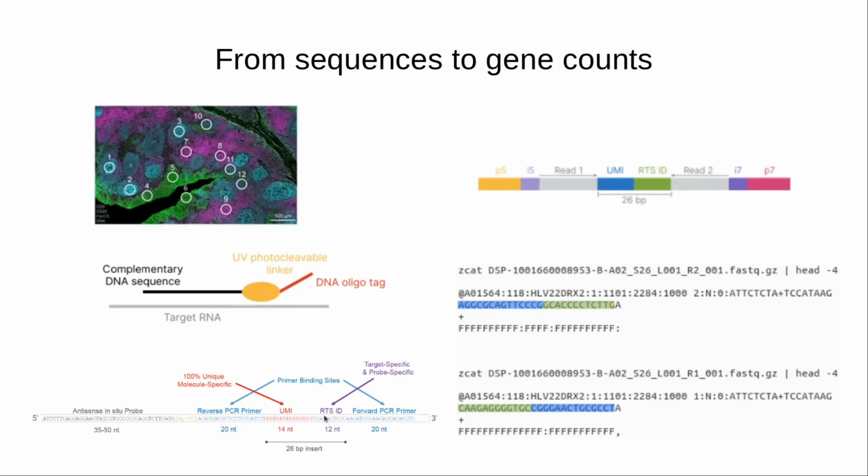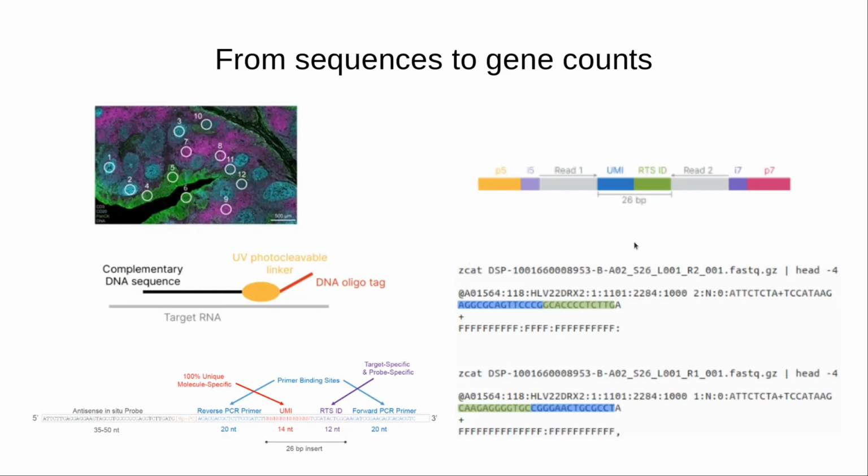And this index, called the RTS ID, is a target specific index that kind of points back to what it was that the probe actually annealed to. So this is actually the information you need to sequence in order to know that this probe attached to an RNA molecule in your segment.